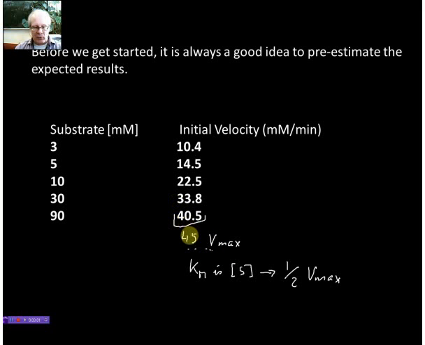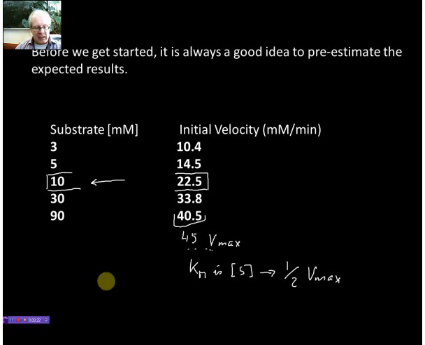So half of 45 millimolar per minute would be 22.5 millimolar. That's quite convenient that we've got something like that here. And we need to find the corresponding substrate concentration. And we find that the corresponding substrate concentration would be 10 millimolar.